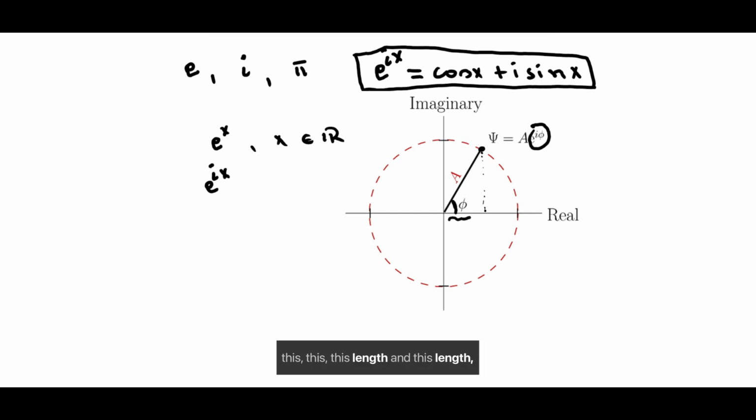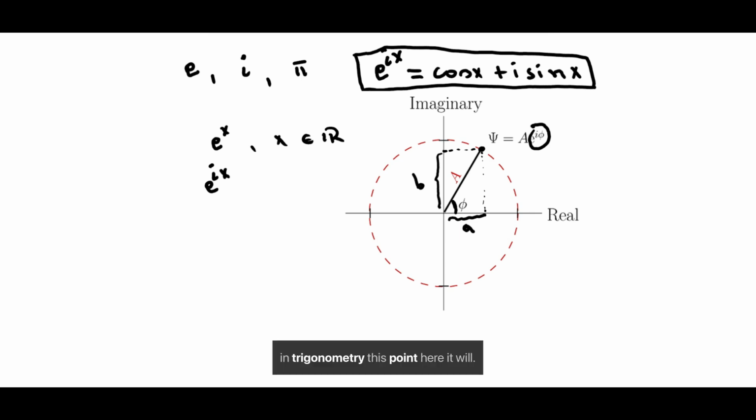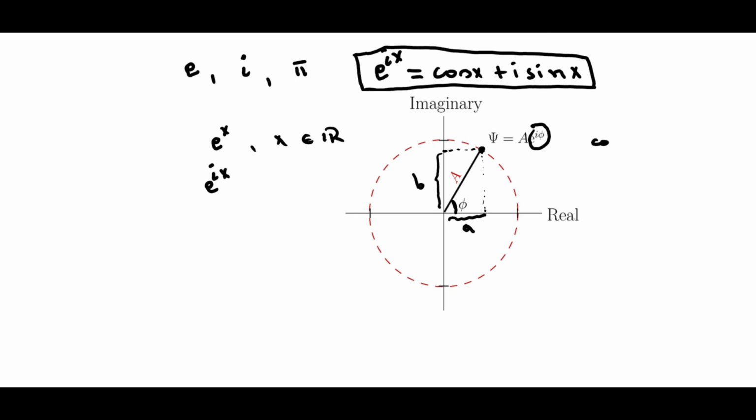This length, let me call it A, and this length here, let me call it B. In trigonometry, this point is characterized by cos φ and sin φ.